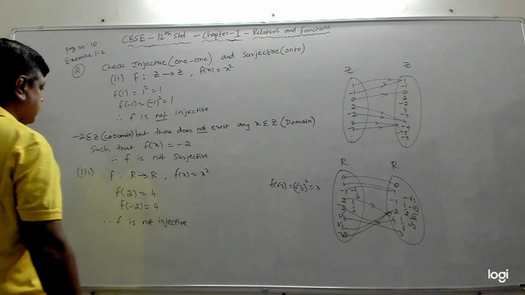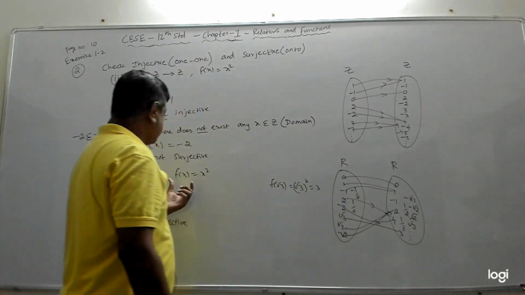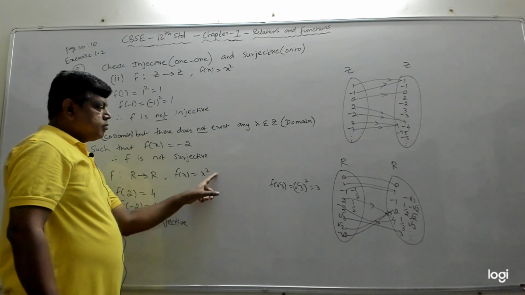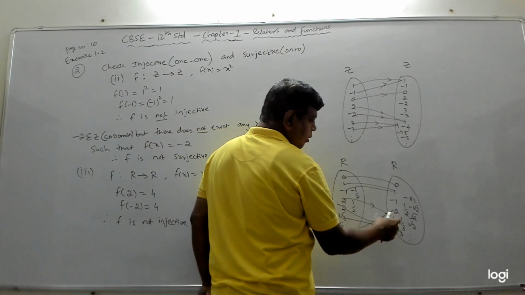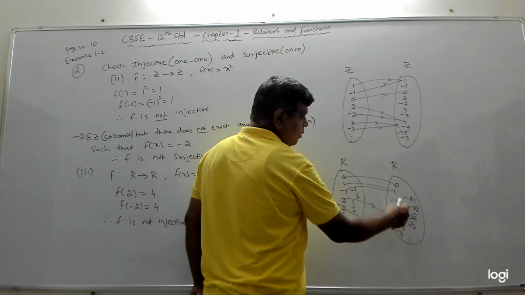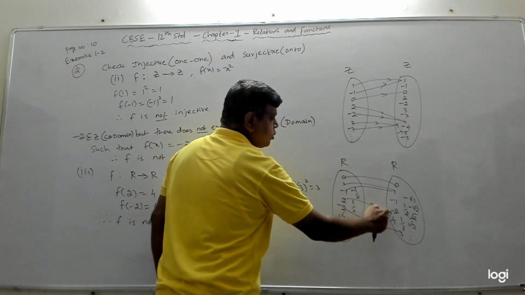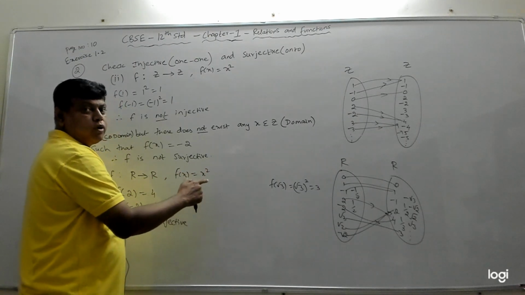Right, now we have to check whether f is surjective or not. Now again, if you see, f of x is x square, so this will always go to either 0 or positive. So all the elements, the mapping happens only to 0 or positive numbers. No negative numbers will be mapped. You cannot find any number here such that f of x is minus 1, because x square will always be positive or 0.